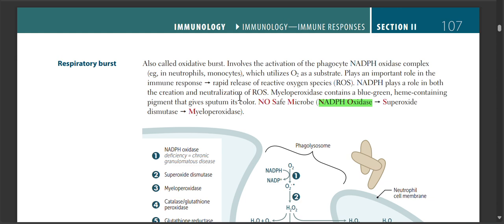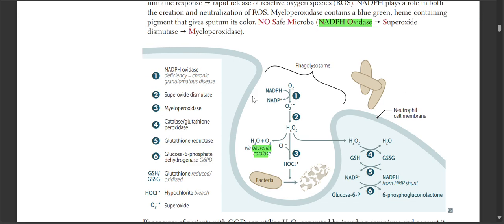So they engulf the bacteria. After engulfing the bacteria, they produce a phagosome, which is just an engulfed bacteria with some vesicles. Now that has to get merged with the lysosome, and the fusion is called a phagolysosome.